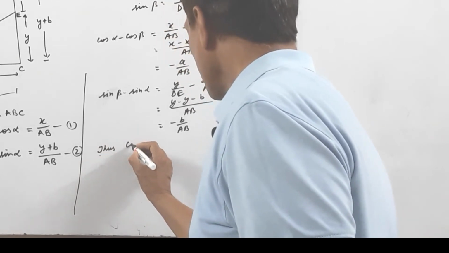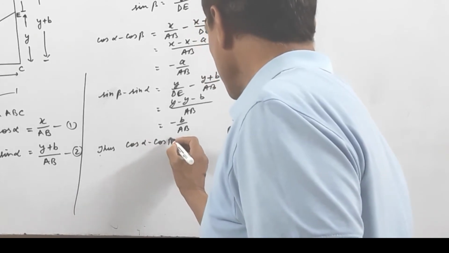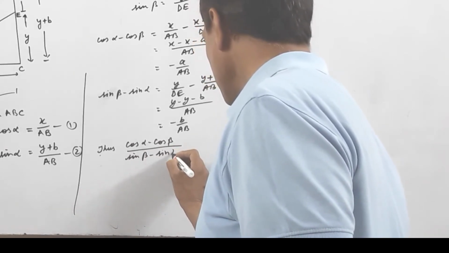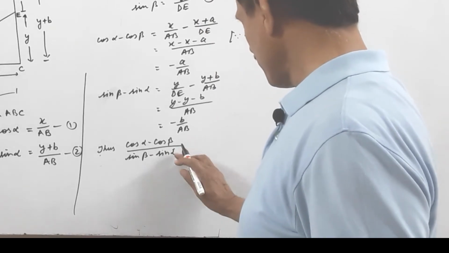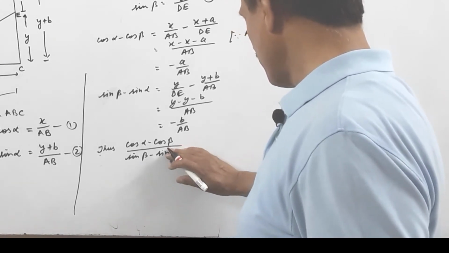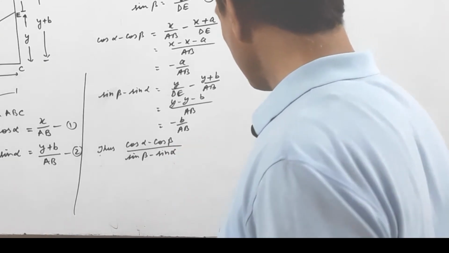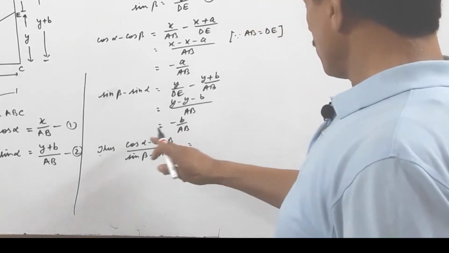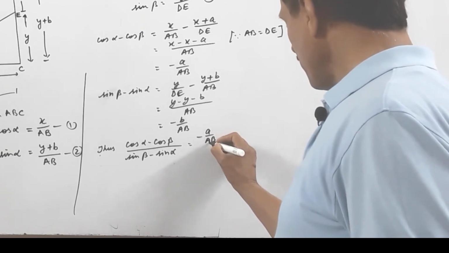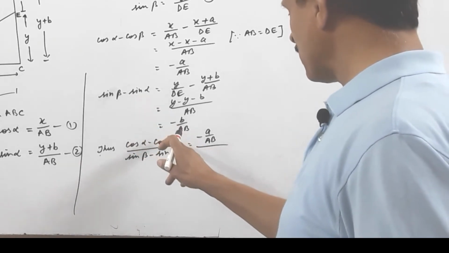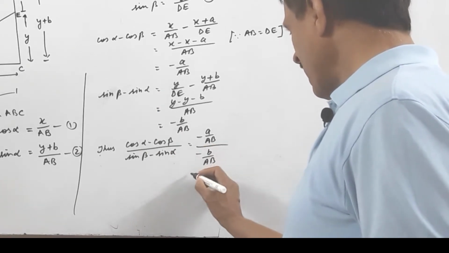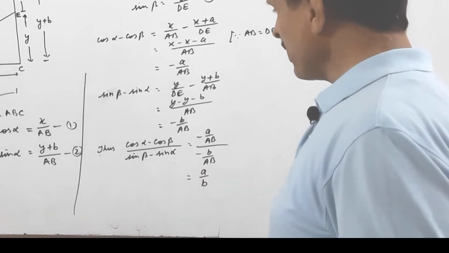Thus (cos alpha minus cos beta) upon (sin beta minus sin alpha) is equal to (minus a upon AB) upon (minus b upon AB), and this is equal to a upon b.